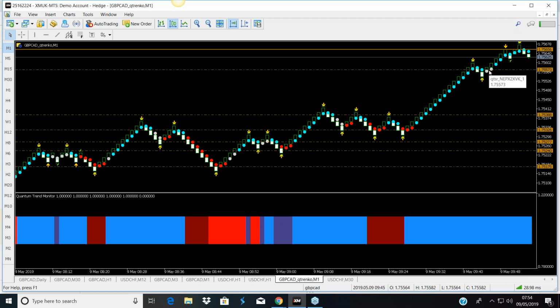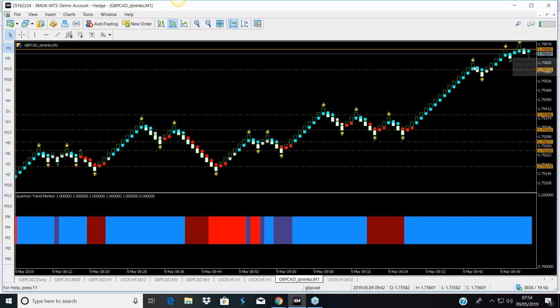If we're going to see a true reversal based on the Renko, we need to see the trend dots turn red, and we also need to see the trend monitor turn red. We can see here when it went back into blue, a potential entry, which is what I use the Renko for. The trend dots went blue, this went blue, and this is the move that we're tracking at the moment.